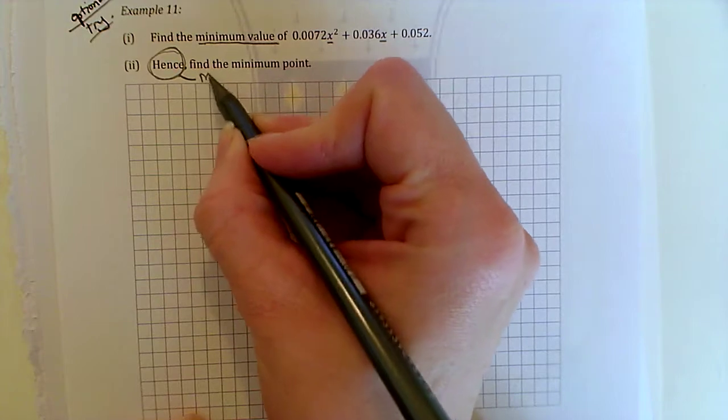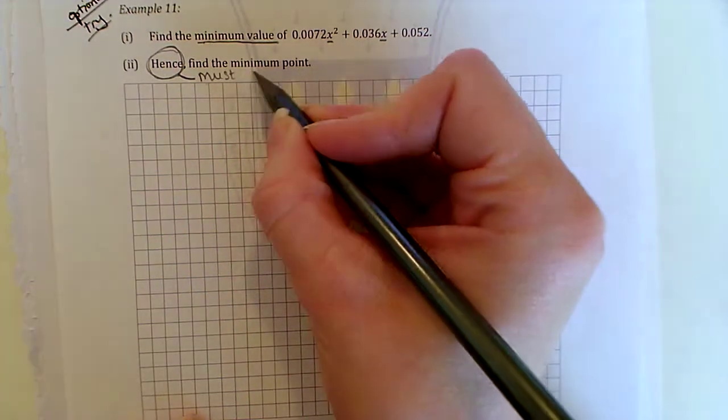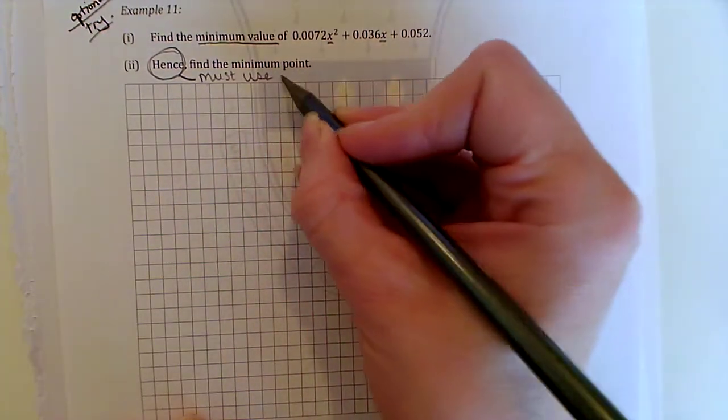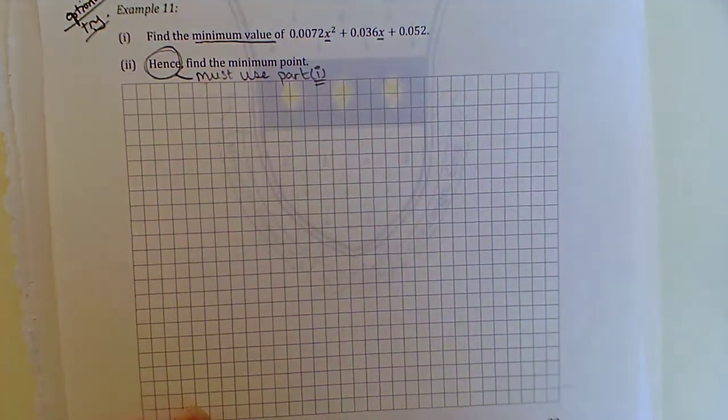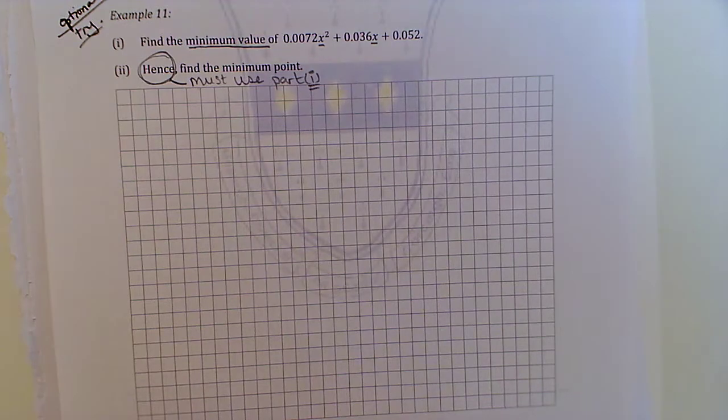We must use part one. This is a little bit annoying actually, but you have to answer the question as it's asked, which means they want us to do a specific thing. Anyway, I'll go through what we have to do there in a second.